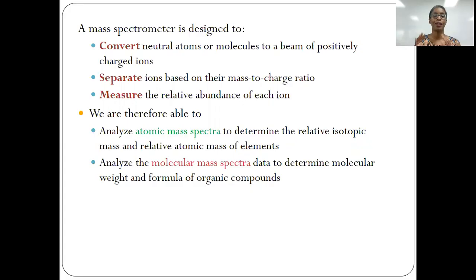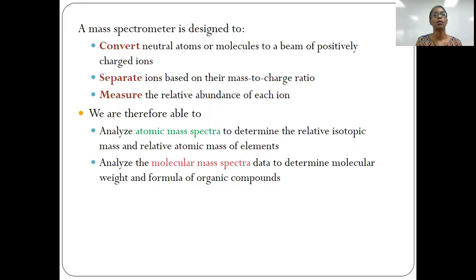So there is the ionization aspect of your sample analysis. And then after these samples are ionized, we separate them based on what is referred to as mass to charge ratio. And this charge is very important because the conversion is forming a positively charged ion. And after we've separated it, then we measure the relative abundance.